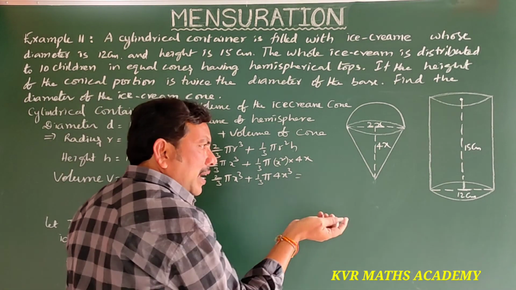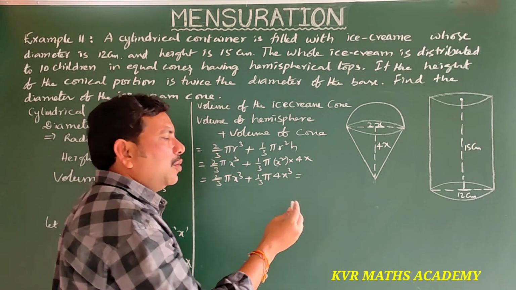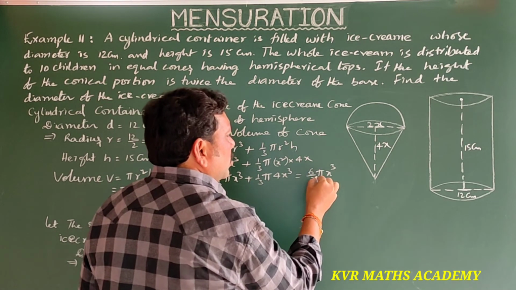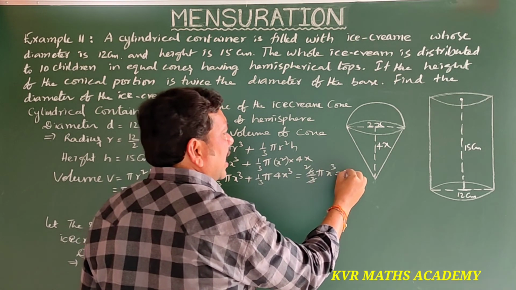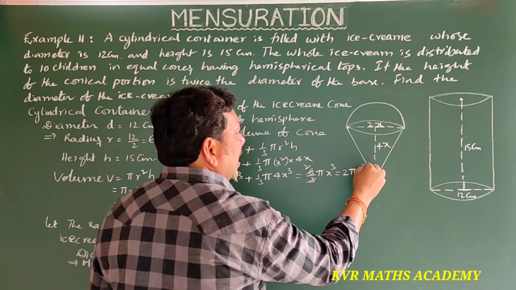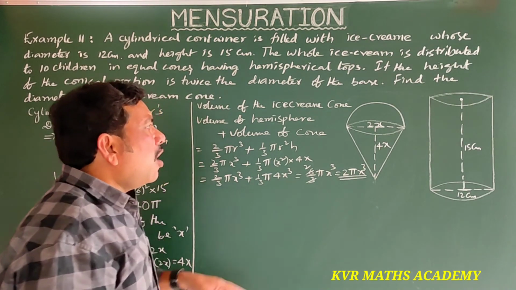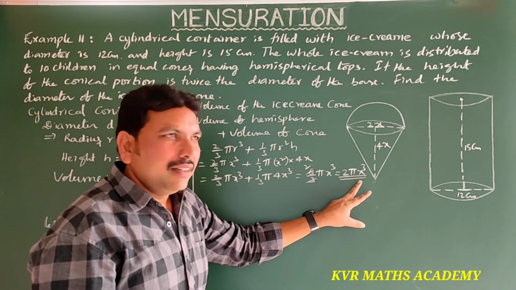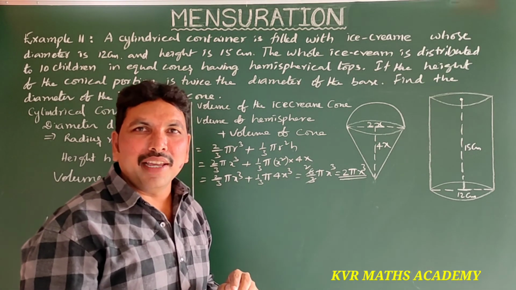So 2 by 3 pi x cube plus 4 by 3 pi x cube is 6 by 3 pi x cube. 3 in 6, 2 times, gets cancelled. So the volume of the ice cream cone is 2 pi x cube only.